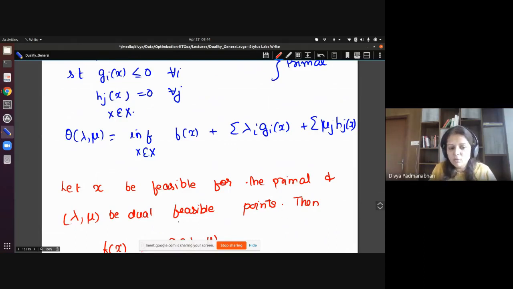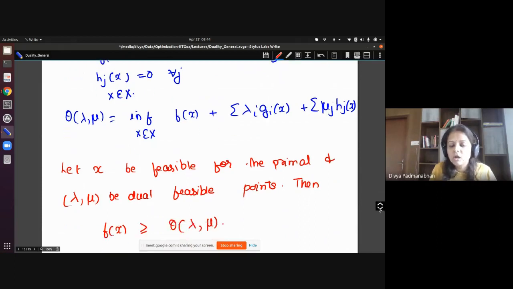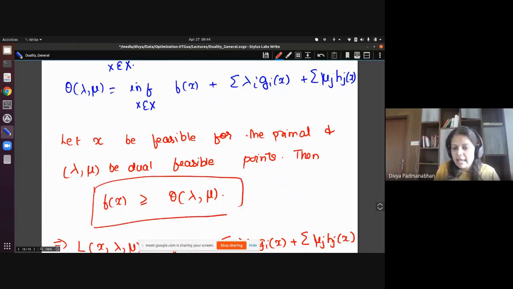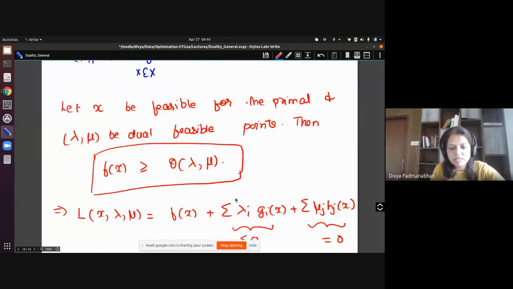By dual feasible, we just mean that lambda has to be greater than or equal to 0, because mu can be unrestricted. It can take either positive or negative values. Then the result is that f of x is at least the dual objective, for any primal feasible and dual feasible point.